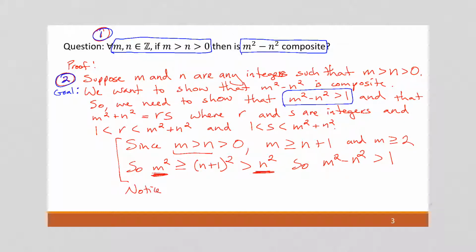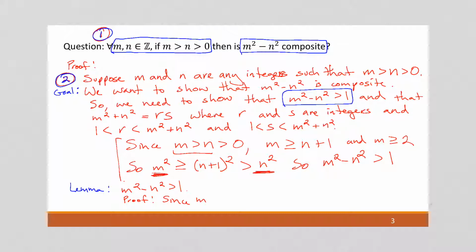Notice, actually, you could think of this as a little lemma: m squared minus n squared is greater than 1.